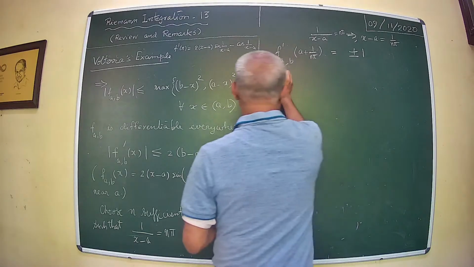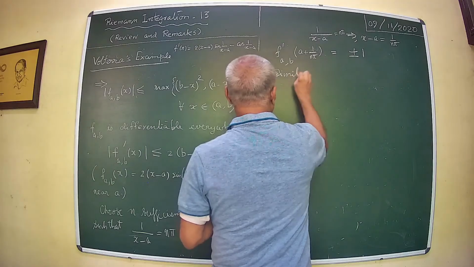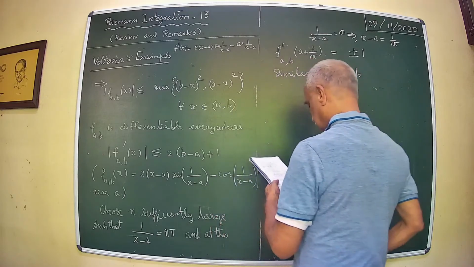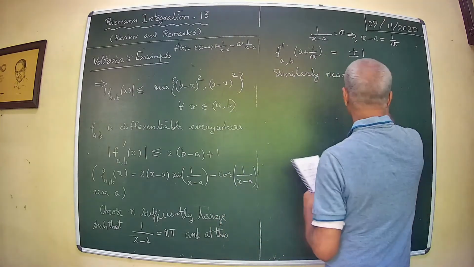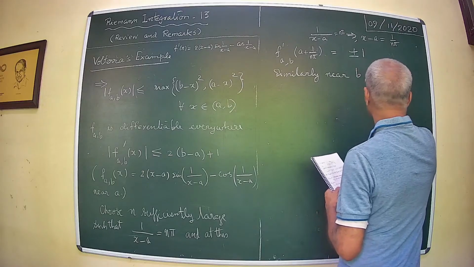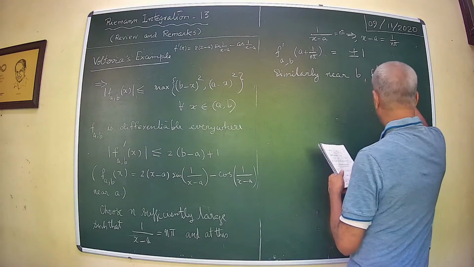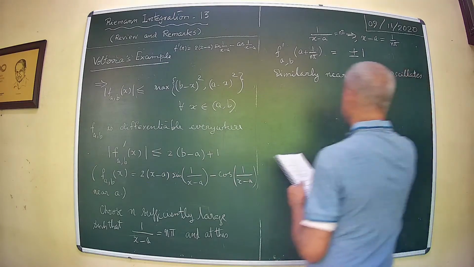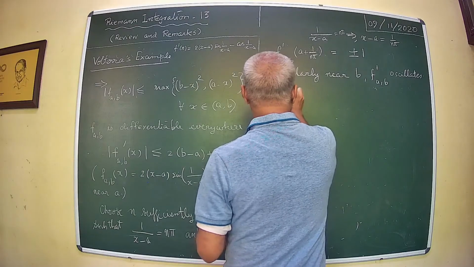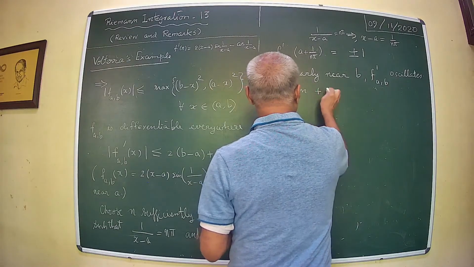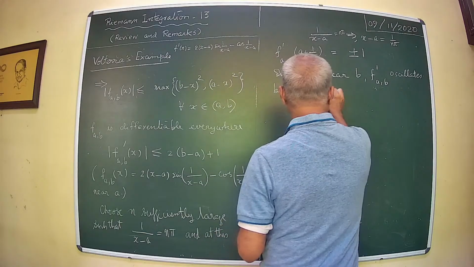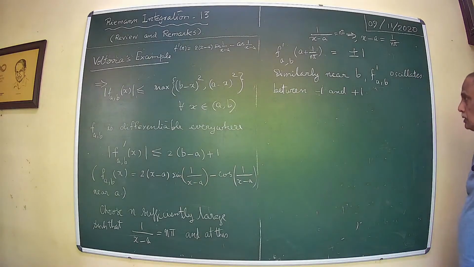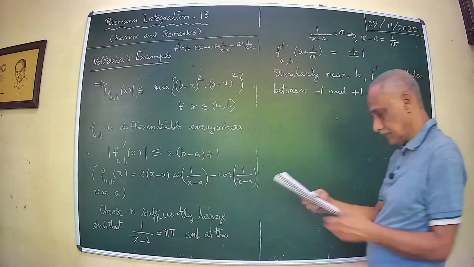Similarly here, at b, f derivative oscillates between minus 1 and plus 1, so this is the estimate of the derivatives.